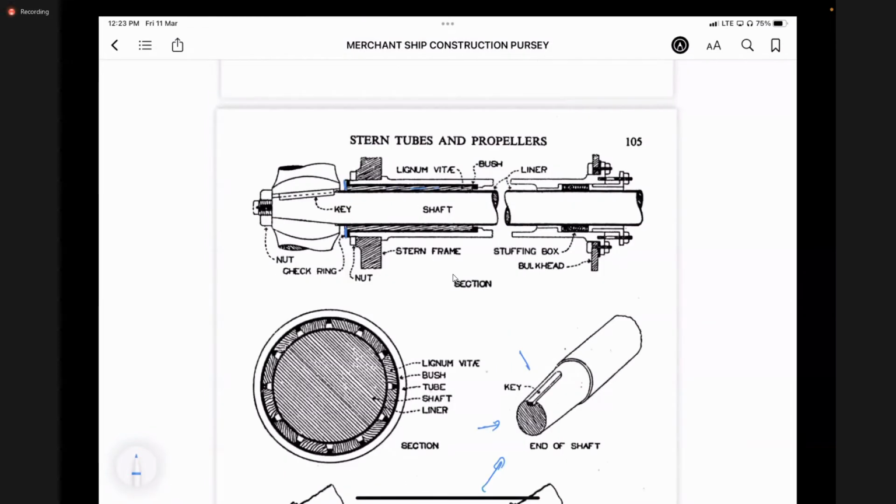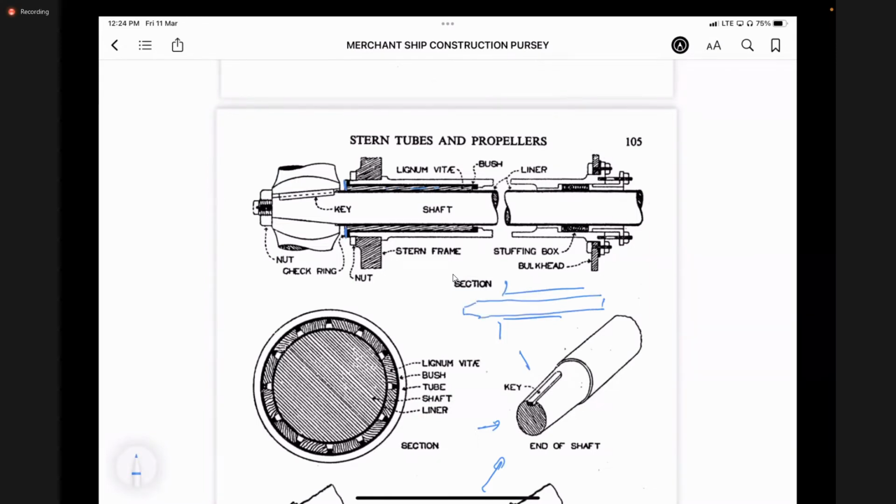It's a very complex topic actually. They have added it for some reason, but you don't have to remember everything, how it is made, how the stuffing box material is made and everything. You just have to know that we have a flanged tube. We pass our propeller shaft through this.